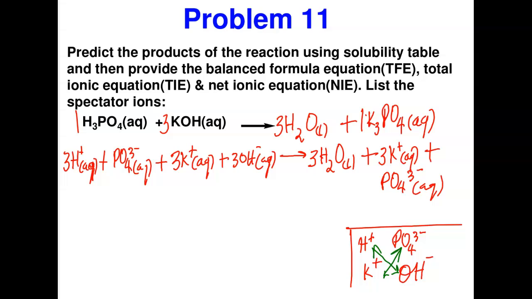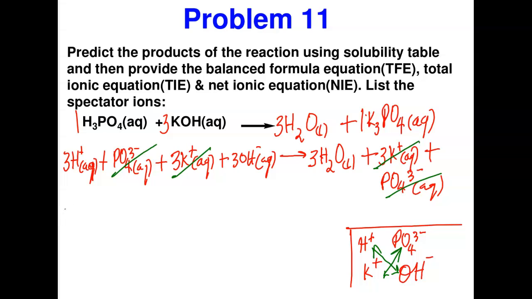Now, to figure out our net ionic equation, we're going to cancel out what we have on both sides that didn't change. Let's start. We have hydrogen ion here, and we don't have anyone there. We have phosphate ion aqueous here and phosphate ion here. We're going to take it away. We have 3 potassium ion aqueous here and 3 potassium ion aqueous in the same state there. We take it away. And we don't have any other stuff.